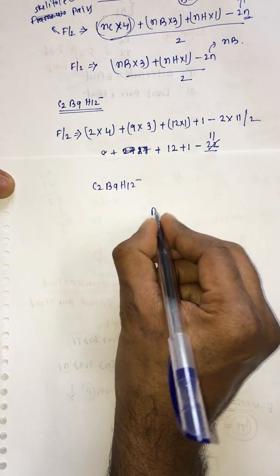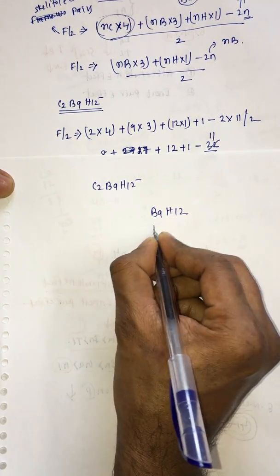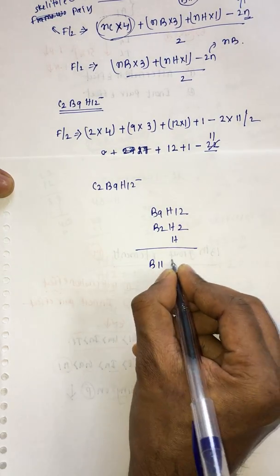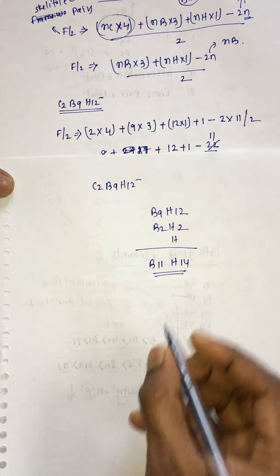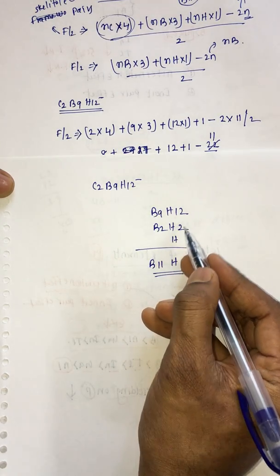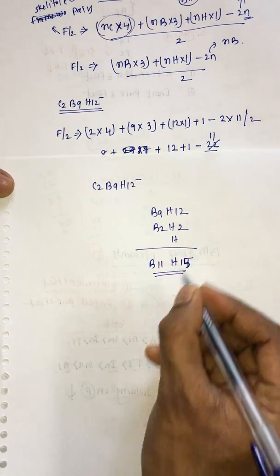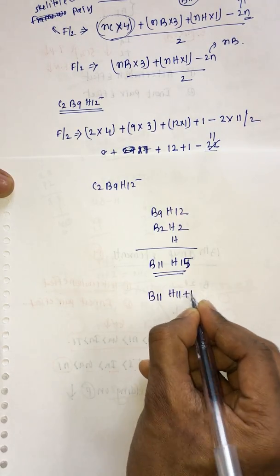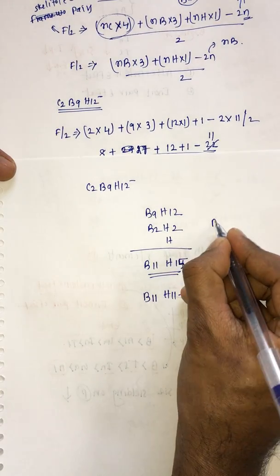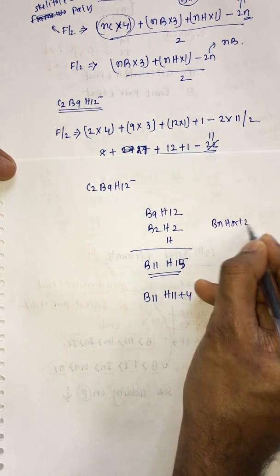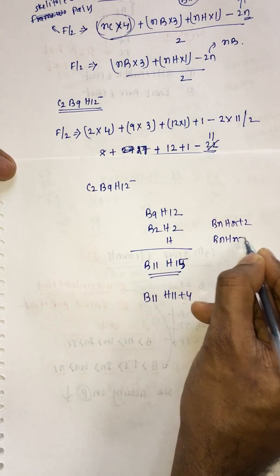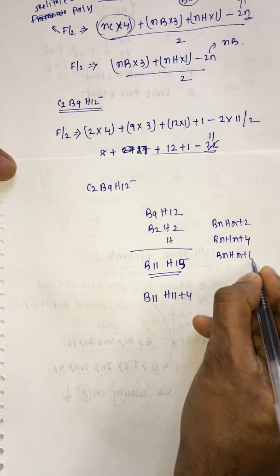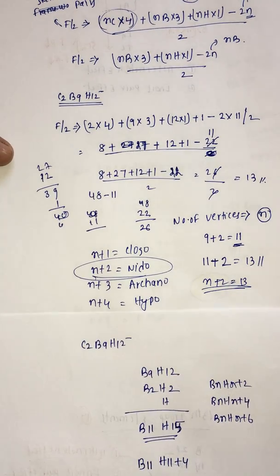C2B9H12 minus, B11H11 plus 4. BnHn plus 2, BnHn plus 3, BnHn plus 4, BnHn plus 6. This is coming nido.